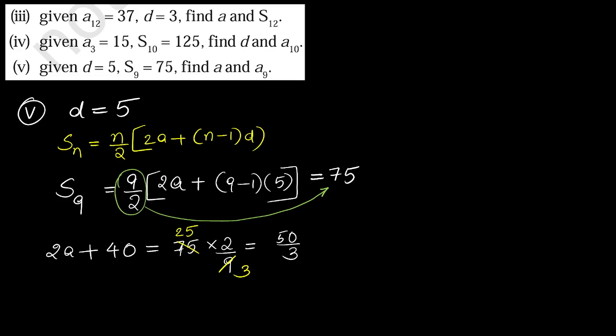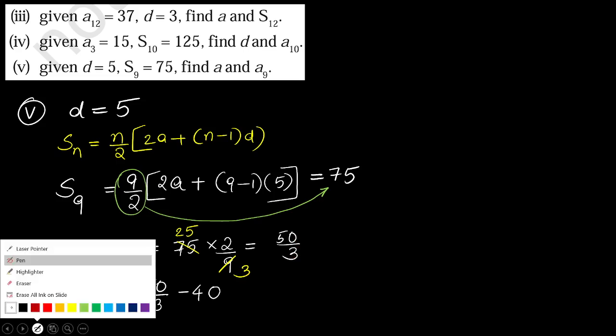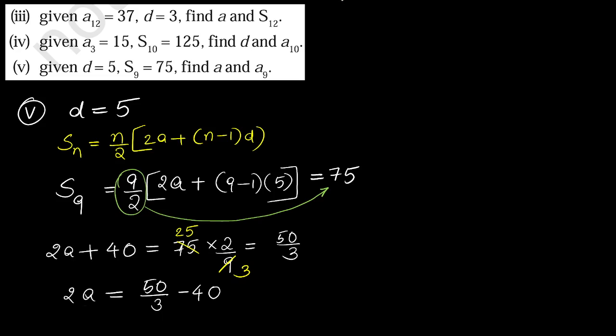Everyone okay? So sorry. So 2a equal to, this 40 goes to the other side. Plus 40 becomes minus 40. Let me avoid calculation. You will get a fraction here, you will not be getting a good answer. 2a equal to, do the cross multiplication.